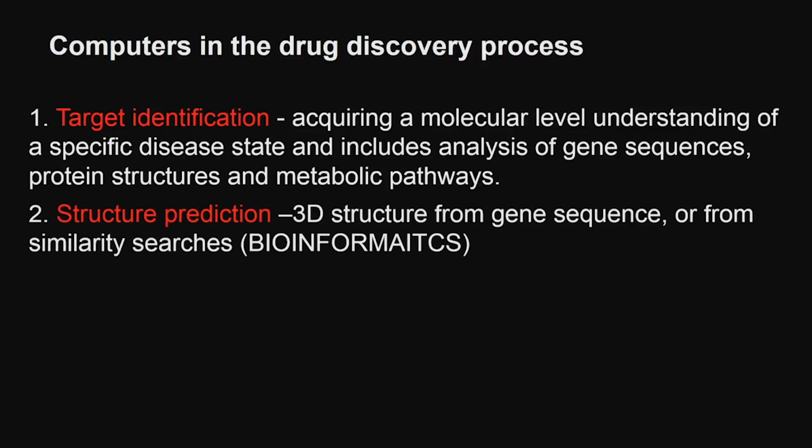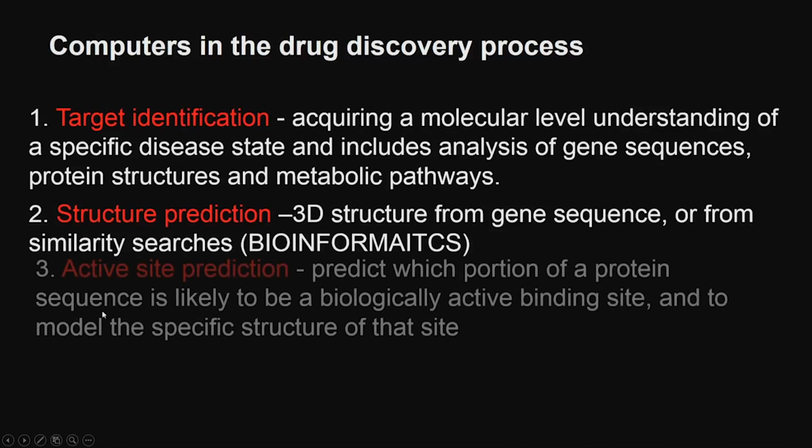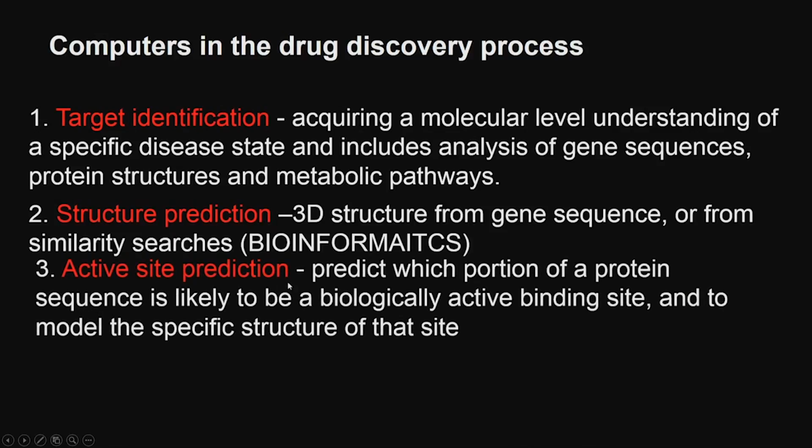We can predict the 3-dimensional structure of the target using different types of bioinformatics tools. Then we can look at the active site, because it is not only the 3-dimensional structure of the protein, I need to know the active site of the protein into which my particular lead will go and bind and make the protein inactive.